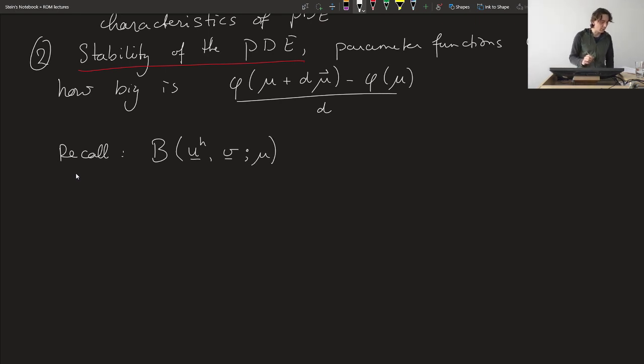Remember we had this parameter dependence in our bilinear form. So this is going to be larger than or equal to some constant c, which, because my bilinear form is now parameter dependent, will become parameter dependent, multiplied by the norm of u squared. Now this is effectively sort of the smallest eigenvalue.